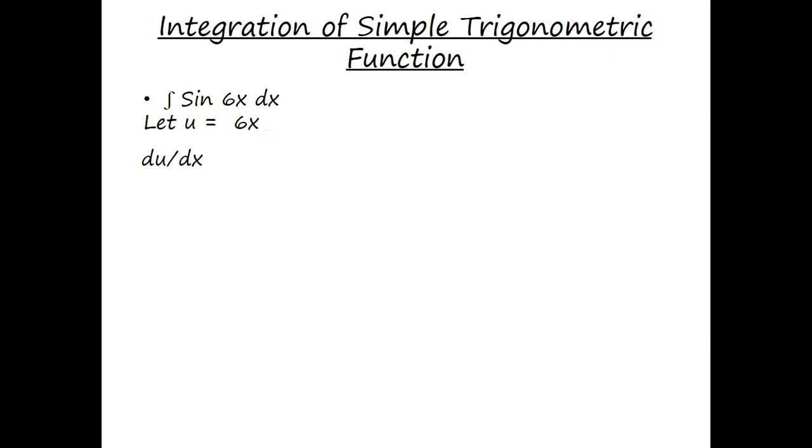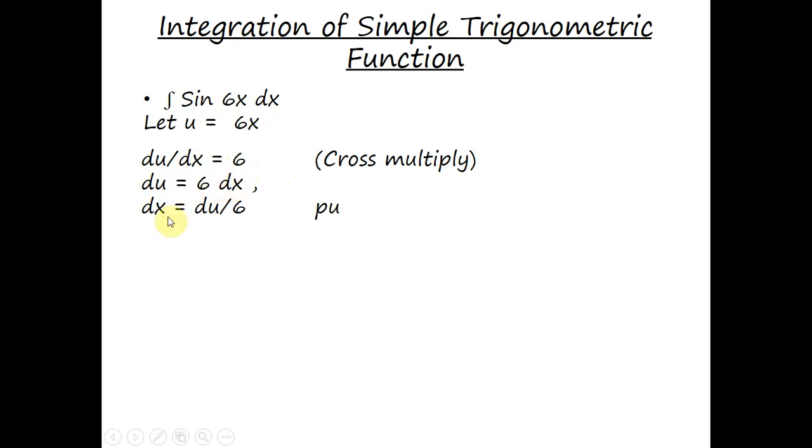If we differentiate u with respect to x, we have 6, that is, x raised to power 1 minus 1, which is x raised to power 0, and that gives us 6. So if we cross multiply, du equals 6 dx, then dx is equal to du over 6.